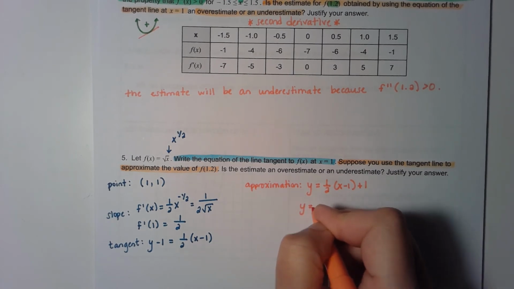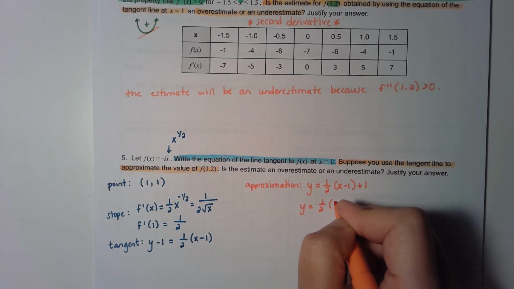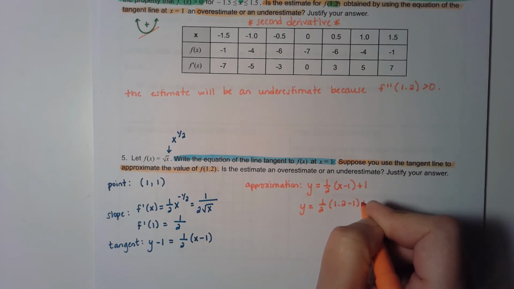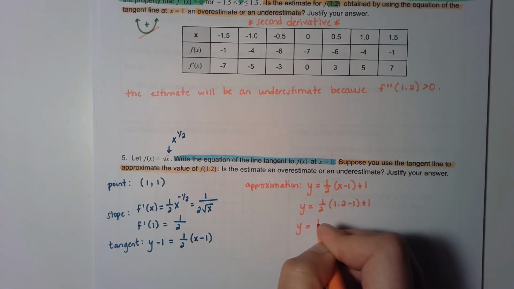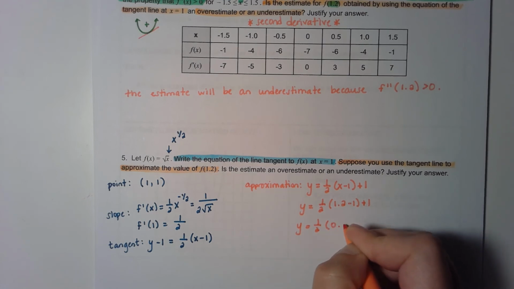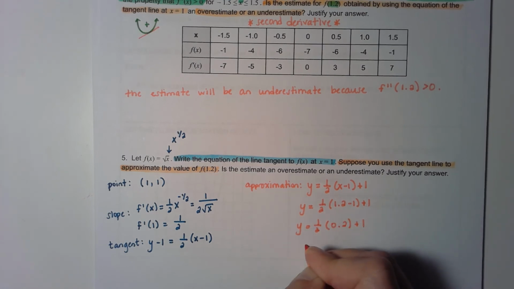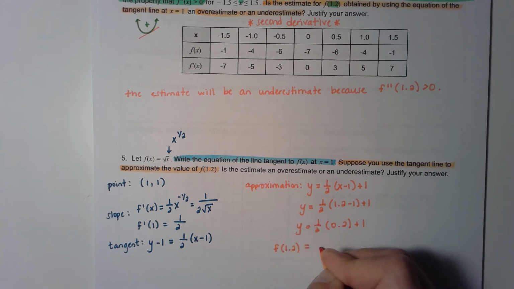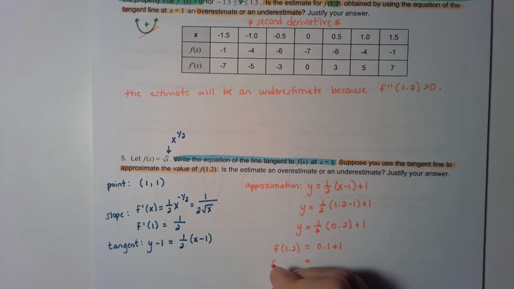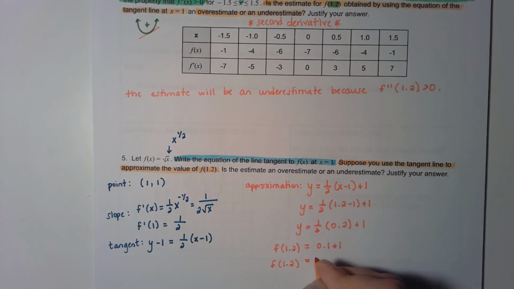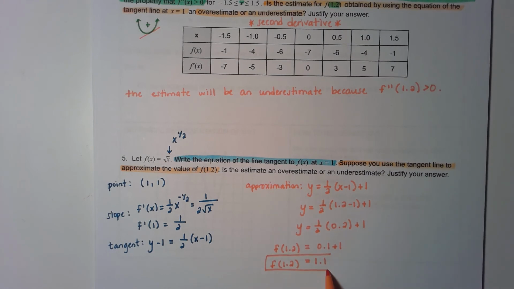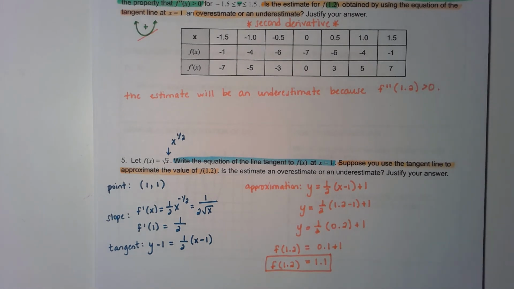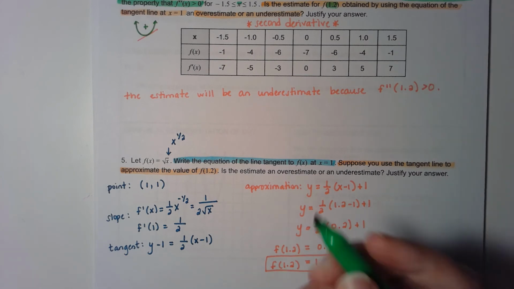If I plug in the number 1.2, I get 1/2 times 0.2, which is 0.1. So f of 1.2 would be approximately 0.1 plus 1, which is 1.1. So there's my approximation. Last but not least, is this an overestimate or is this an underestimate?